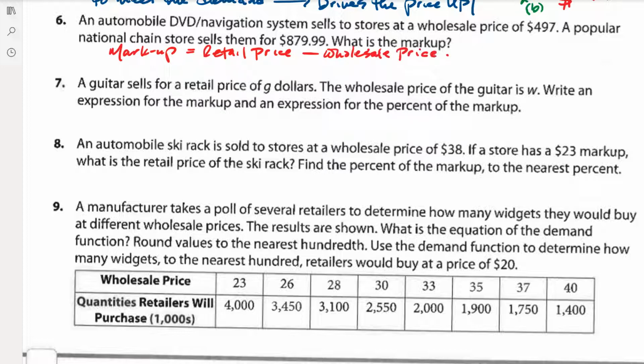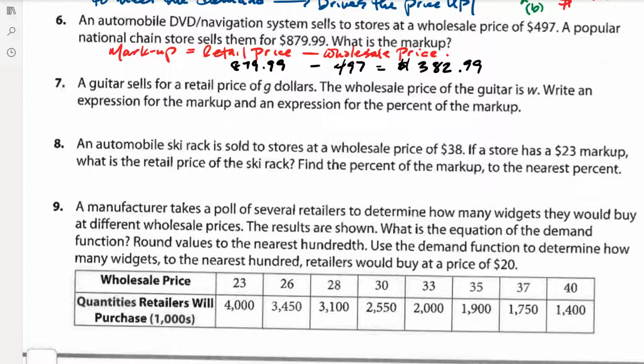So in this problem, we take the retail price of $879.99 and subtract the wholesale price of $497, and then you get a number there. If you just do the arithmetic, you're going to get $382.99. Just subtract. Pretty simple problem.